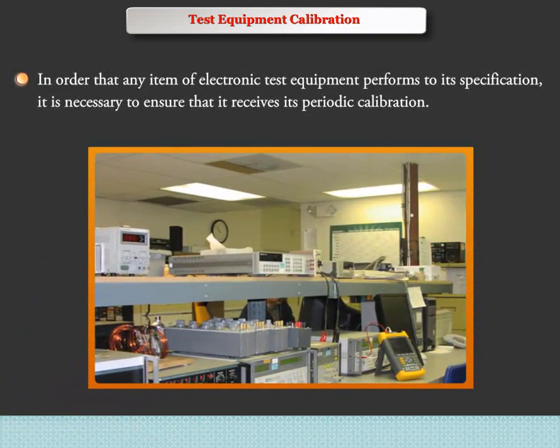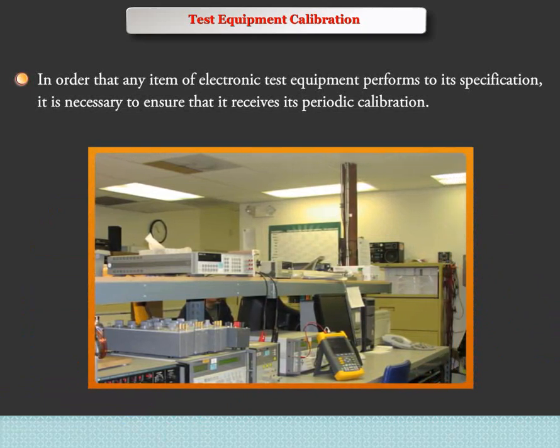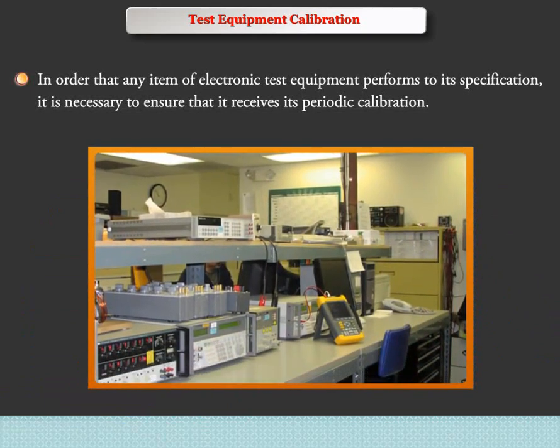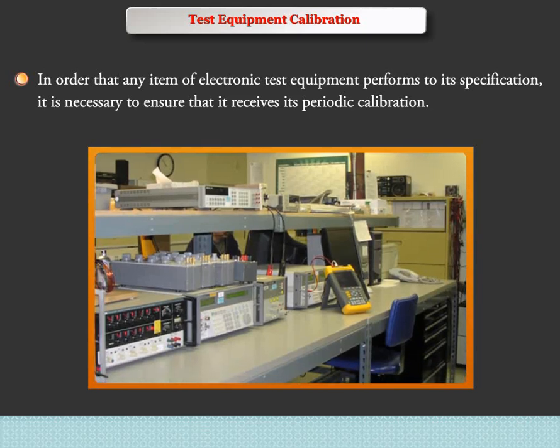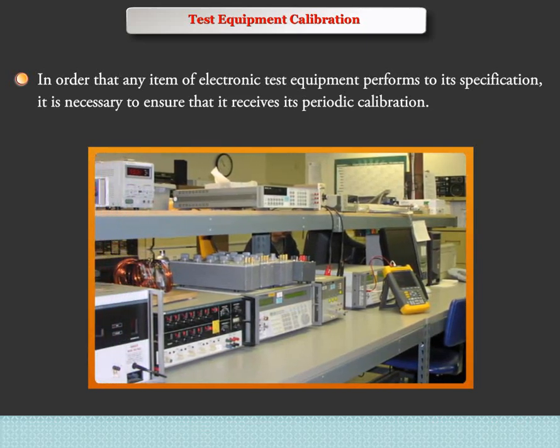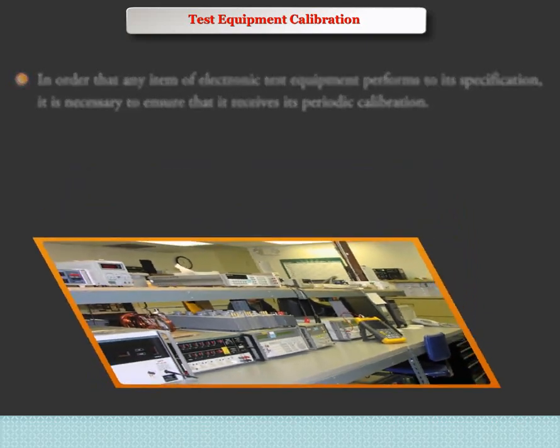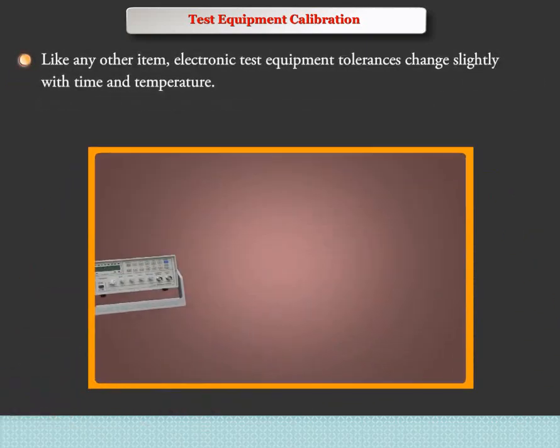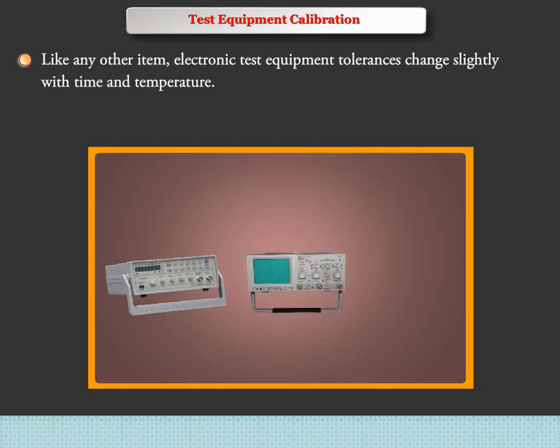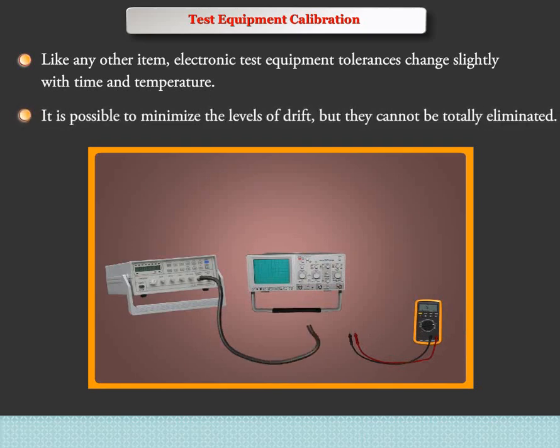In order that any item of electronic test equipment performs to its specification, it is necessary to ensure that it receives its periodic calibration. Like any other item, electronic test equipment tolerances change slightly with time and temperature. It is possible to minimize the levels of drift, but they cannot be totally eliminated.